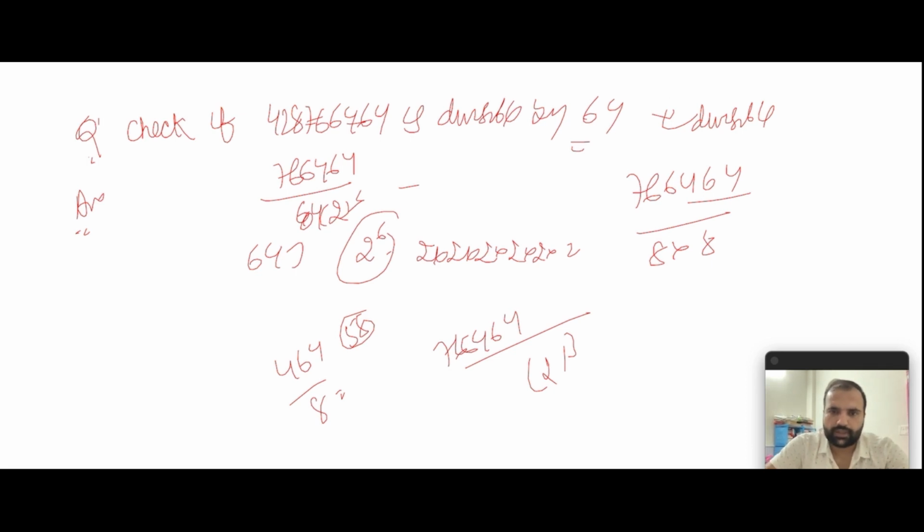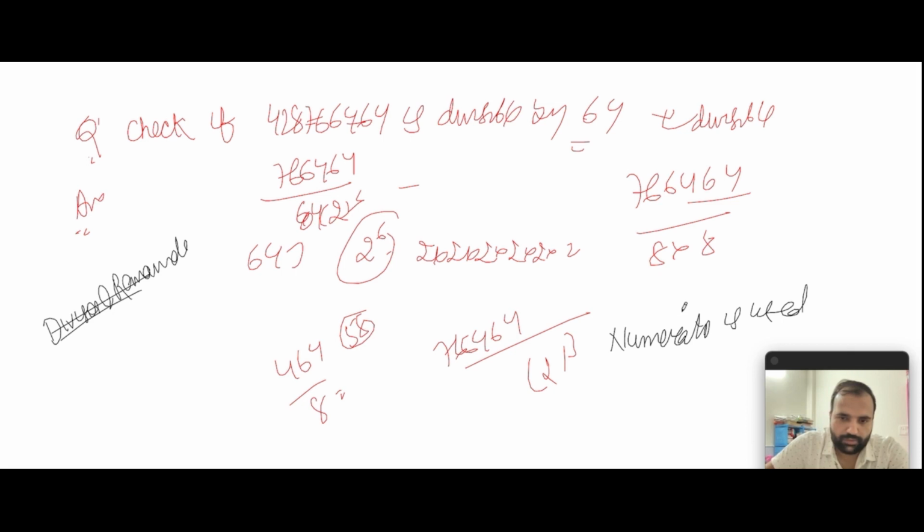You need to understand one more thing, that we will be using this application once we shift from division to remainder, where the divisor, the denominator, is used multiple times.